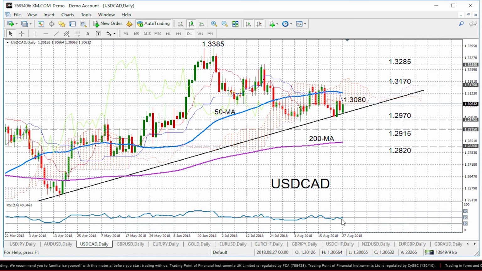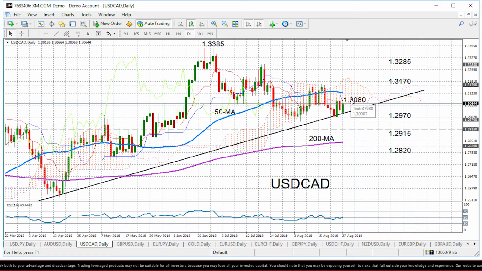RSI is slightly tilting upwards to just at the 50 level. Prices at the moment do have support though from that medium-term ascending trend line. And to the upside, the immediate resistance is the tenkan-sen line of the Ichimoku cloud around 1.3080.